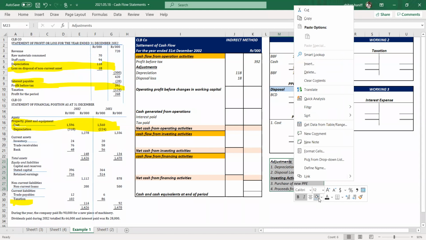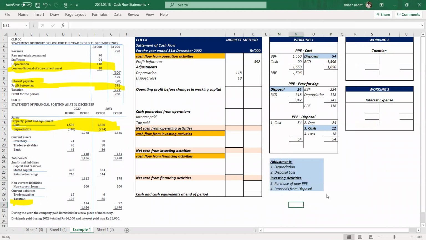We did the working in order to find these four amounts. From the working only we find most of these values. So depreciation and disposal loss are already given. Then investing activities, purchase of machinery. How much is the purchase of machinery? It is 90, cash minus.